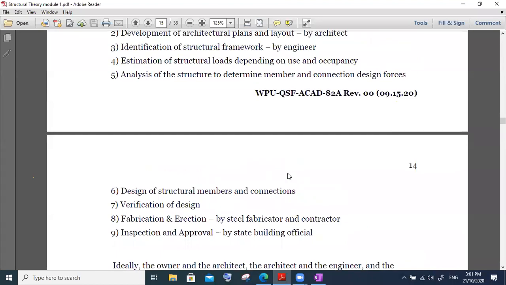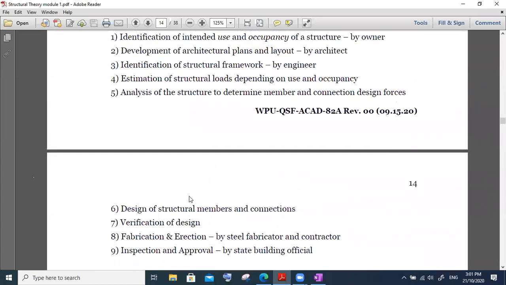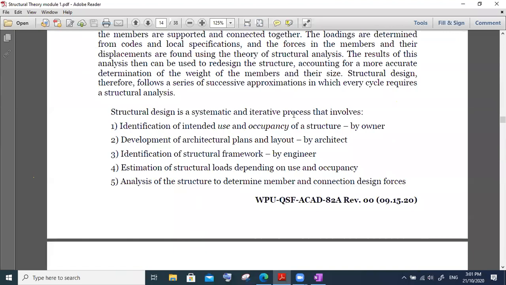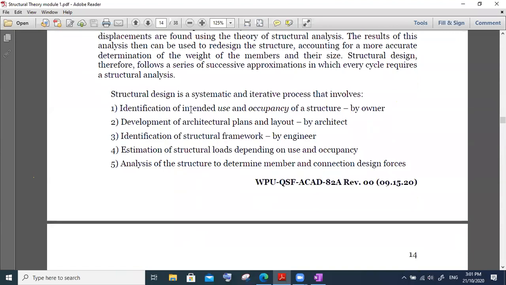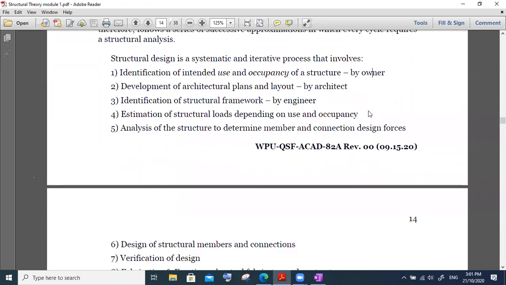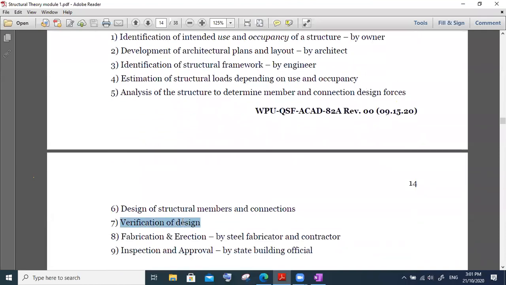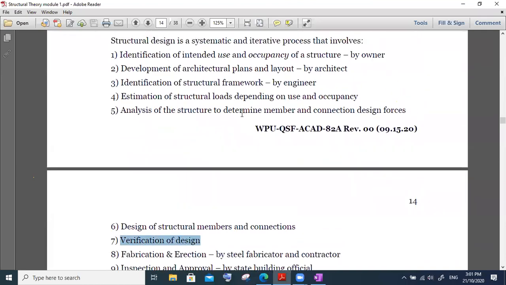Etong mga to, actually, kasi ang sinasabi dito, systematic and iterative. When we say systematic, sunod-sunod to. Hindi ka pwedeng lumaktaw na galing dito kay owner, magbe-verify ka na agad ng design, wala pang drawing. So dapat sunod-sunod siya, systematic. Iterative naman in such a way na halimbawa, pagdating natin dito sa analysis of the structure, may nakita si engineer na hindi talaga pwede dito sa part na to.